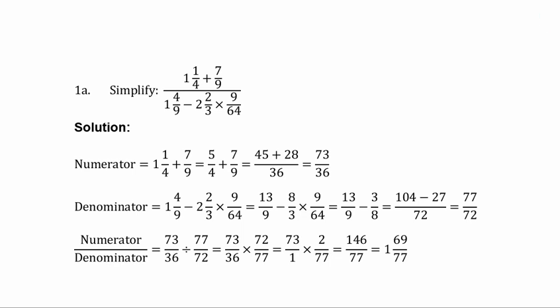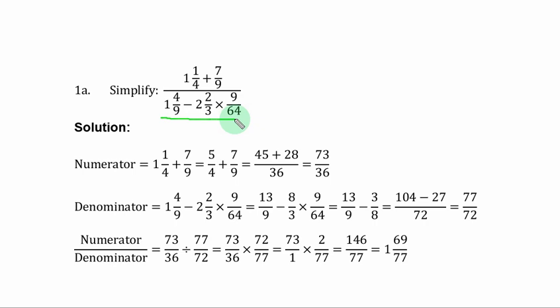Question 1A. Simplify (1 1/4 + 7/9) over (4/9 − 2 2/3 × 9/64).